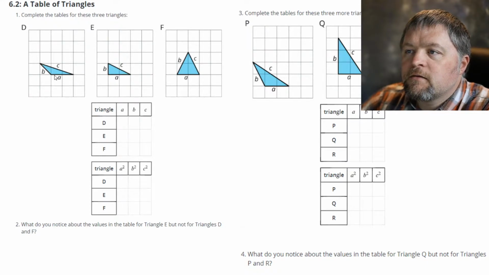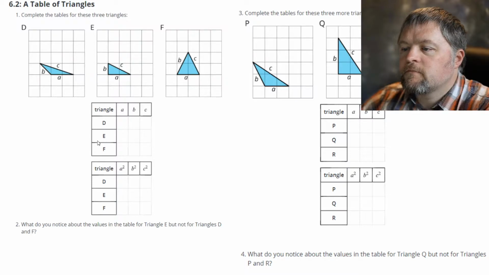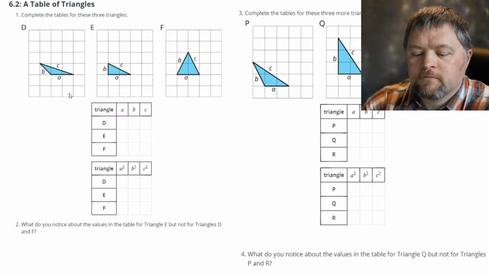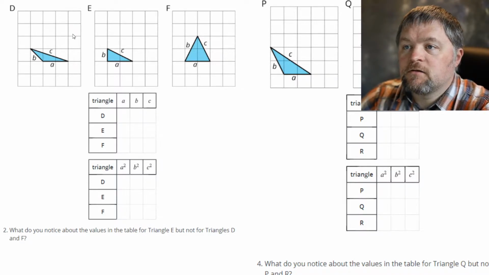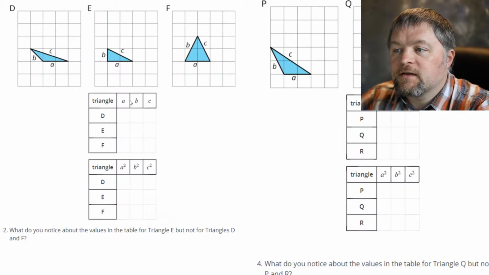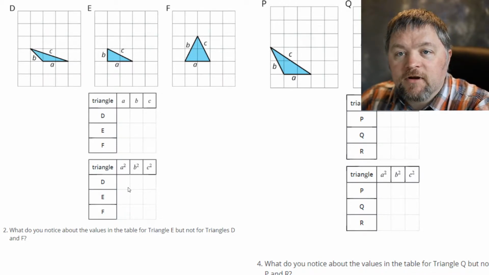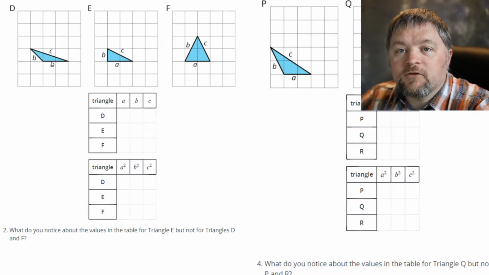Triangle A, B, C. So for each of these 3 triangles, triangle D, triangle E, and triangle F, we want to find the length of side A, side B, and side C, as well as the area of side A, side B, and side C square that you can use to find the side length.